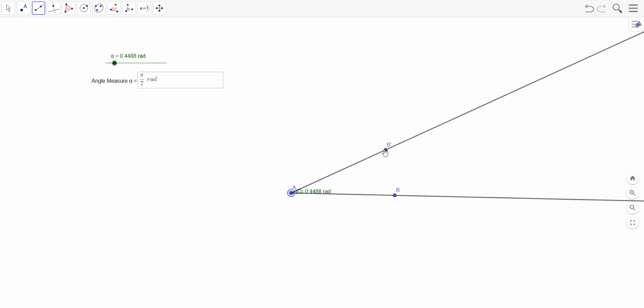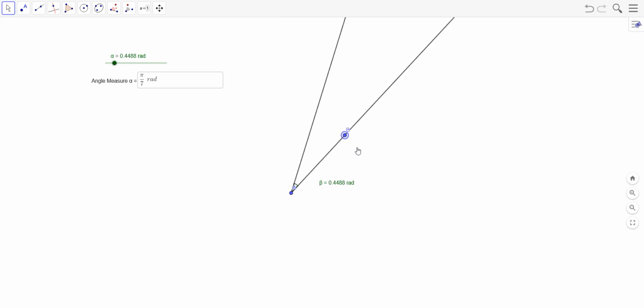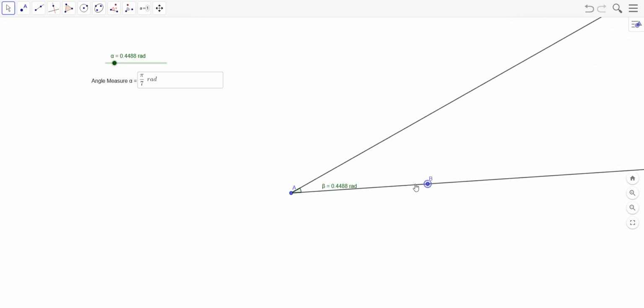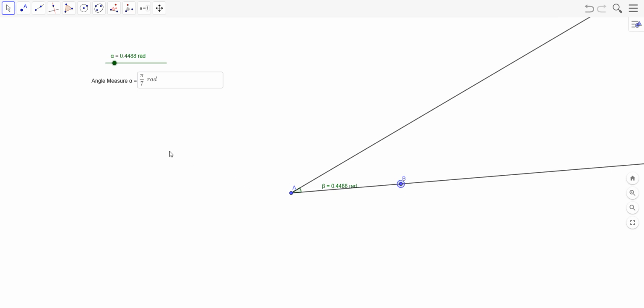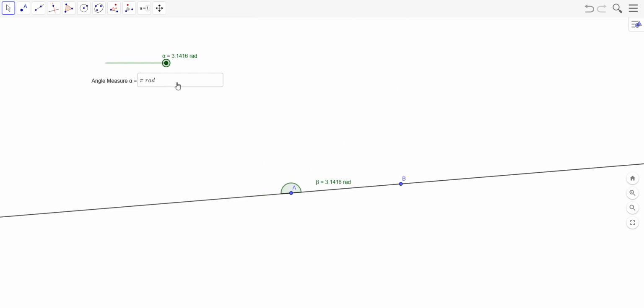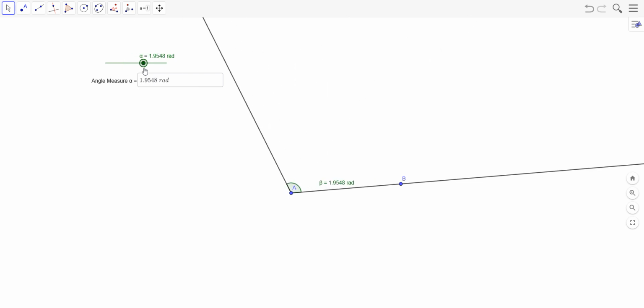And finish it up by making the ray here. And if we want to, we could just hide this point because it's not really an important point. Or we could leave it there. Okay. And so now if we change this, it's going to go from a zero angle to a straight angle and everything in between there.